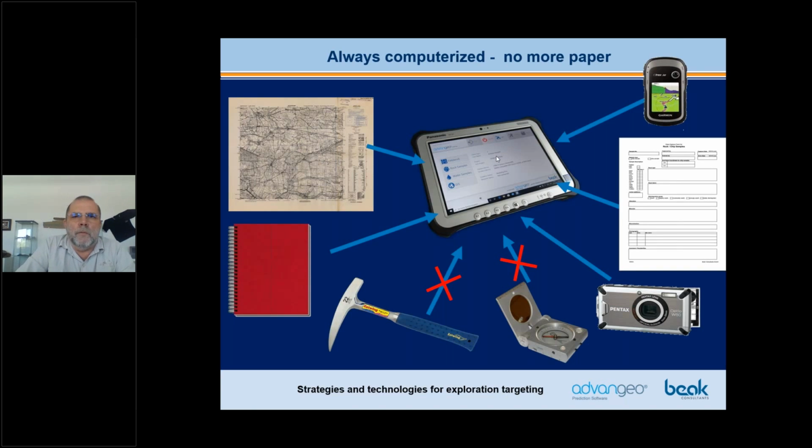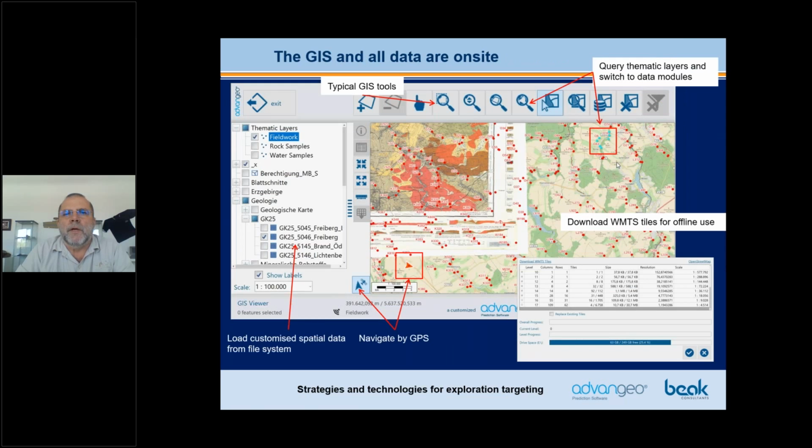So in field work, we usually have our tablet computers combining a GPS, a camera, the notebook, and the data capture forms. The hammer, of course, we need separately. But these tablets are very useful because they have good GIS functionality and the data capture spreadsheet in them.